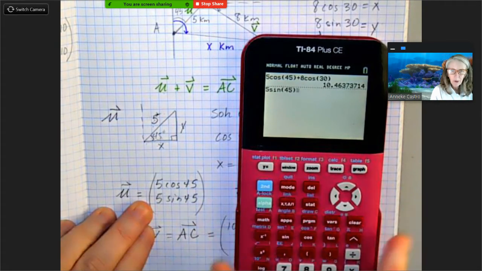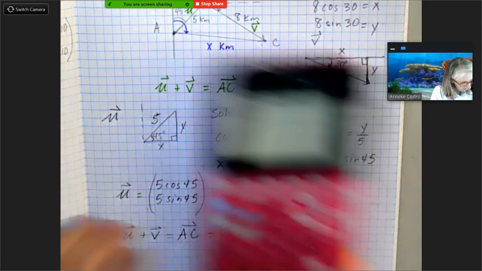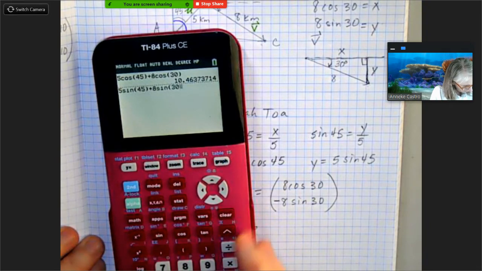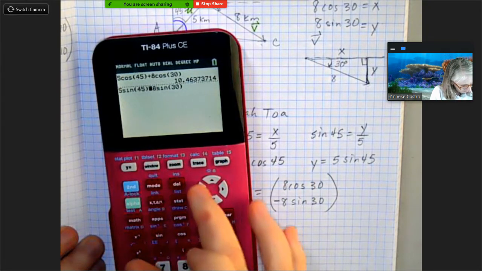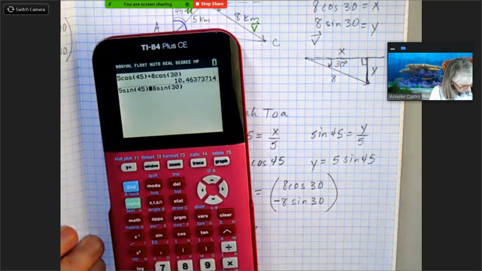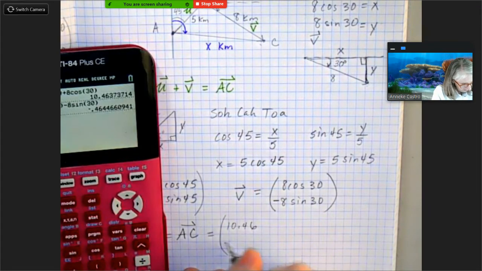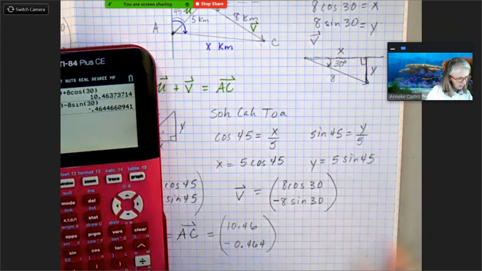Notice I'm closing my parentheses there, plus 8 sine 30, right? Oh, it's negative. Oh, I almost forgot to put the negative. Let's go back and change that to a minus because it's a negative. And I get negative 0.464.